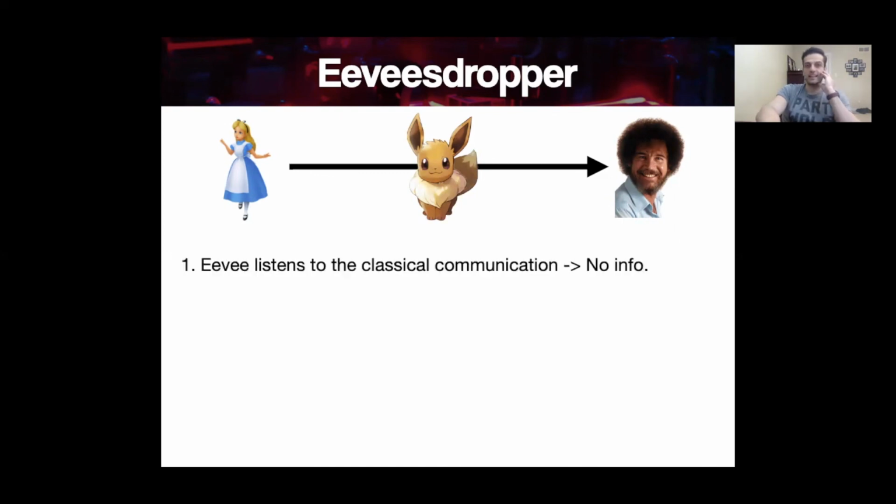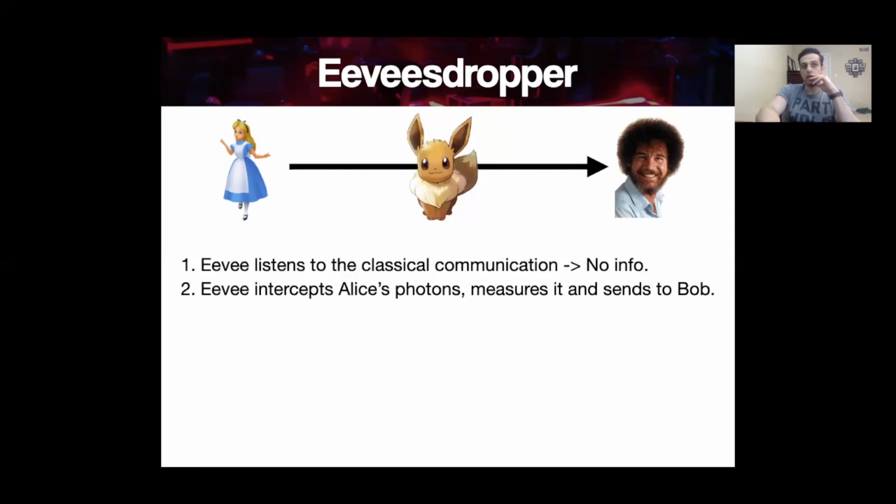So Eve listens to the classical communication, and there's no information there. It's just random bases. That doesn't help Eve. But what Eve could do is intercept Alice's photons, measure them, and send them to Bob. So what happens if Eve does that? Well, 50% of the time, Eve is going to measure in the correct basis.